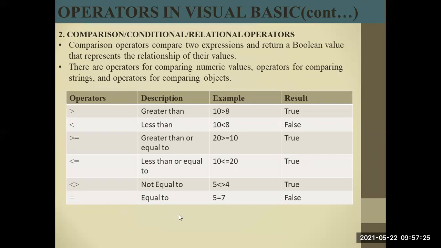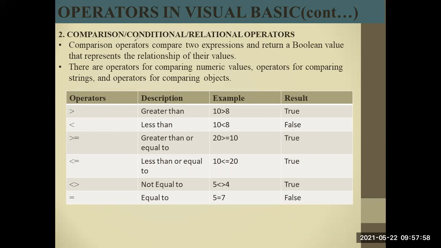The second type of operator supported is called the comparison, or relational, operator. Sometimes it is called a conditional operator or relational operator in visual programming. As we know, comparison operators are used to compare two expressions and return a Boolean value that represents a relationship between the two variables. It can be a binary operator or sometimes a trinary operator.